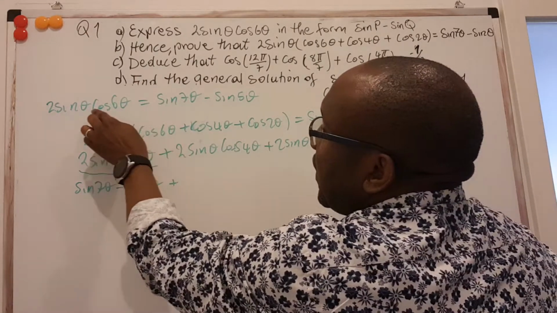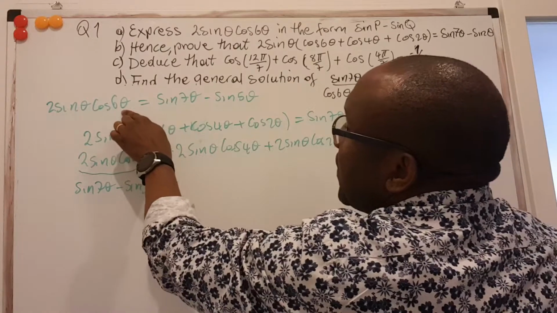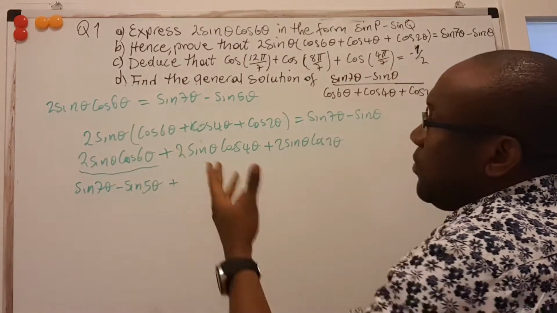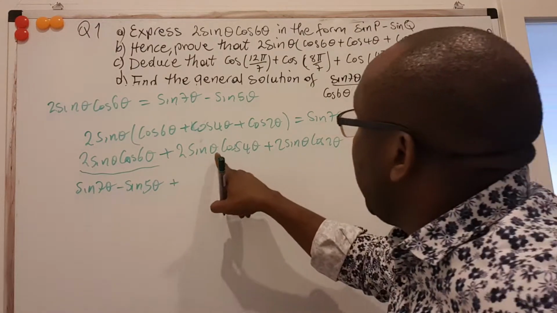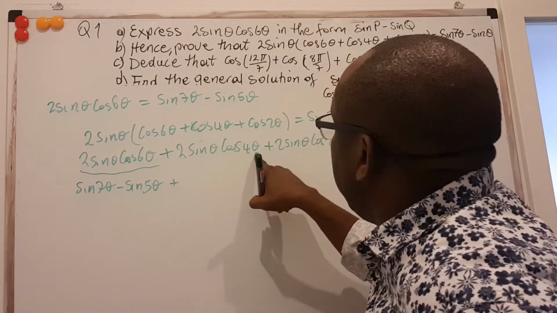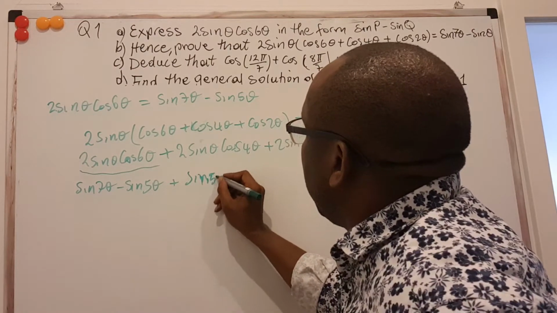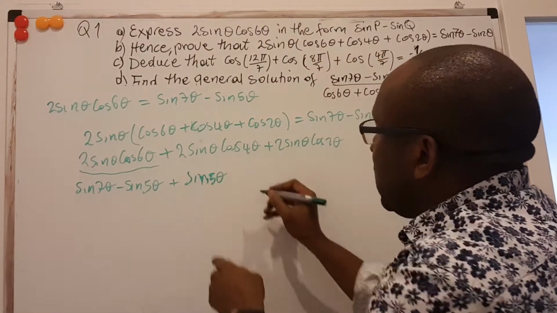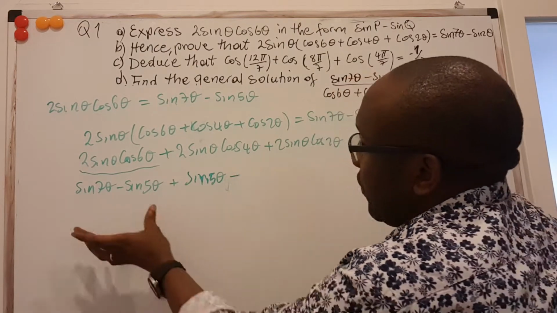7 theta is 6 theta plus theta, and then 5 theta is 6 theta minus theta. So it's something you can just do at once. So here it is simply going to be the sum, so that's sine 5 theta, that's 4 theta plus theta, minus, now that part is there.